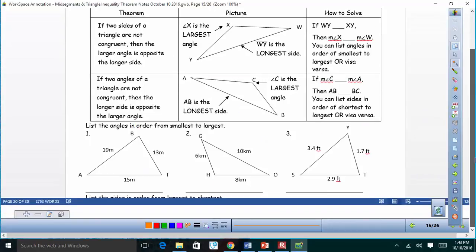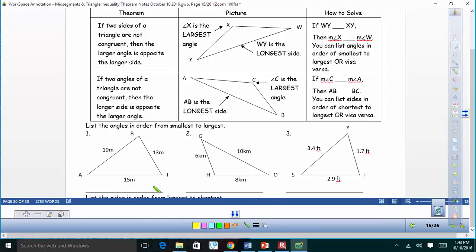Okay? So looking at number 1, which side is my smallest side on this triangle? BT, because it's 13. Okay? Now, what angle is opposite of that? A. Okay? So this is asking me to list the angles in order from smallest to largest. So I know angle A is the smallest because it's across from the smallest side.